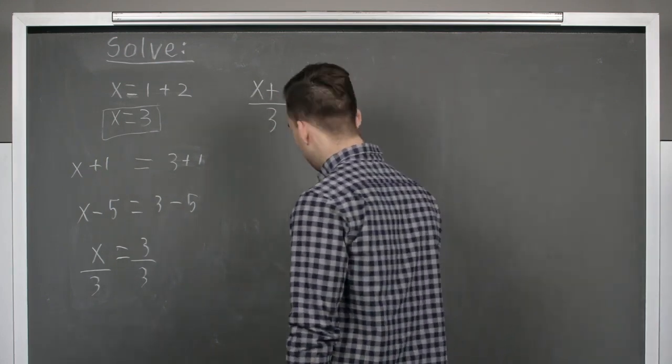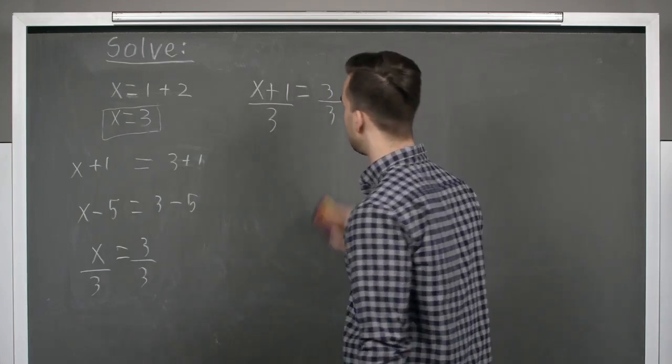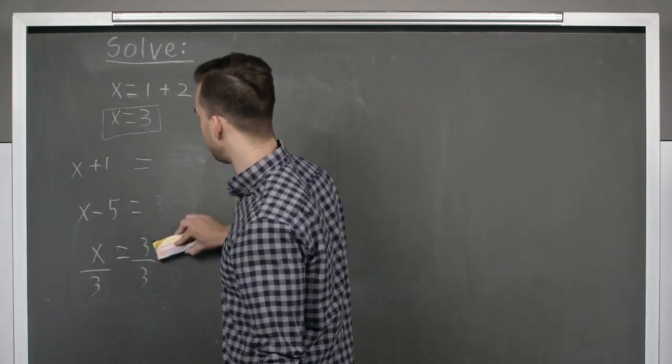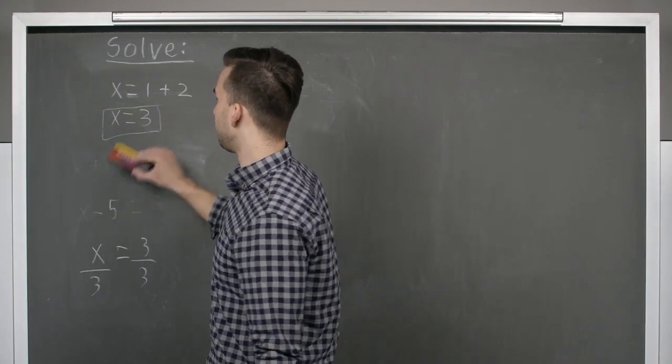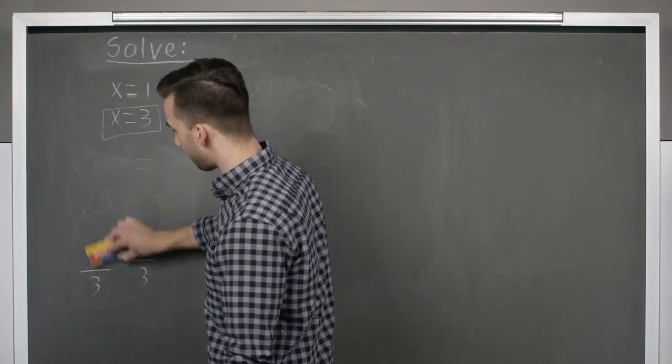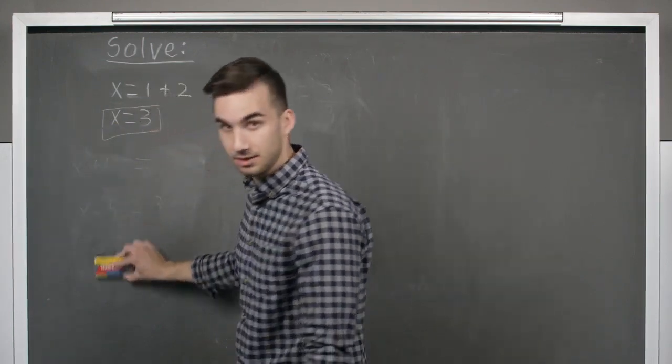But anyway, what we're trying to do is just manipulate both sides of the equal sign to give us the variable equals some number, which will be our solution for the following examples. But let's go ahead and do some.